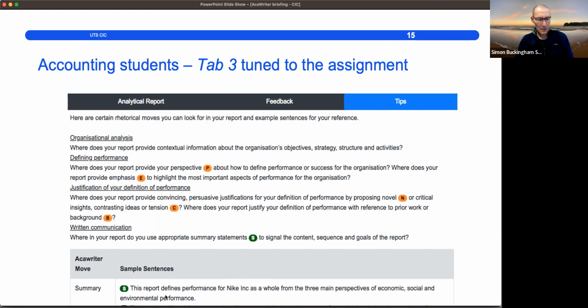So, you know, there's an example here about Nike, and this is an example of a summary sentence. "This report defines performance for Nike as a whole from...", right? And these are the rubric criteria very clearly set out and explaining that they should be looking for these kinds of feedback cues in order to assess whether they're meeting the criteria in the writing rubric. Okay.